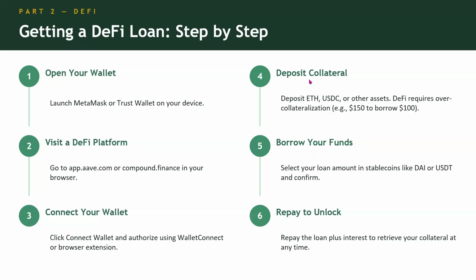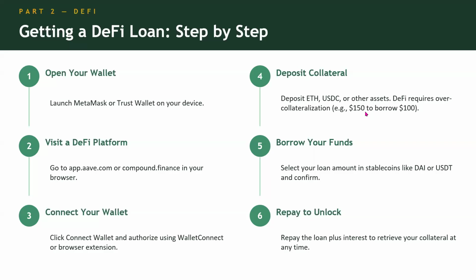Next, number four, deposit collateral. Deposit ETH, USDC, or other assets. DeFi requires over-collateralization, for 150 to 200 percent. That's why you have to have money coming to the table.